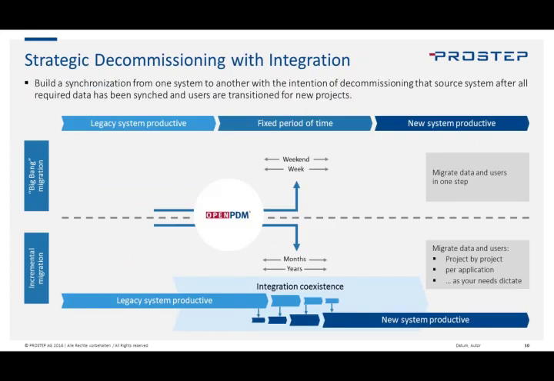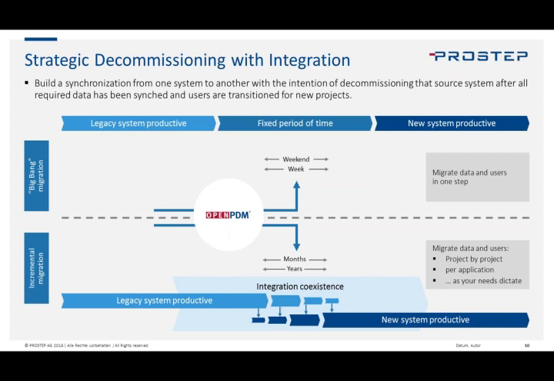Another good use case for integration is strategic decommissioning. So it could be that you've adopted this new PLM system that kind of bridges where that TDM and ERP might be, and you want to get rid of that old TDM system. So one way you can do that is to build this integration and then move that data over time and synchronize that data with the PLM system, and then eventually decommission that.